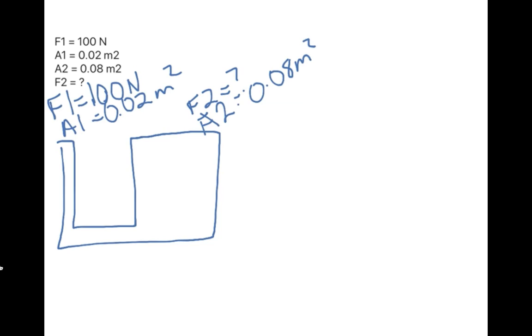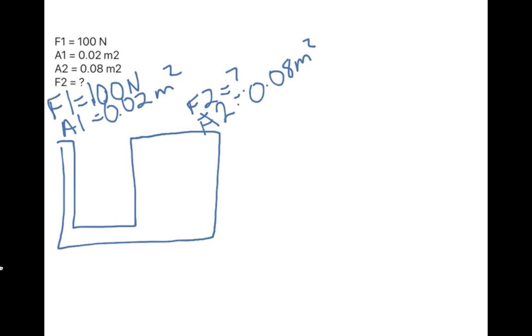They are using 1s and 2s. Our formula is looking for inputs and outputs. So the 1 is our input. We know that because it is the smaller tube and the smaller force, or the smaller area.